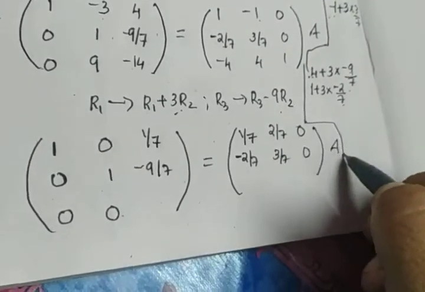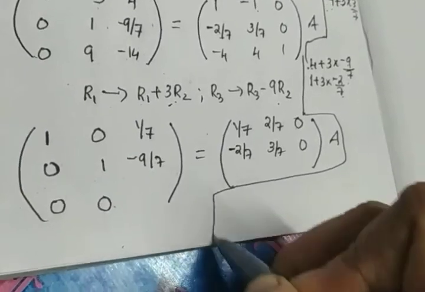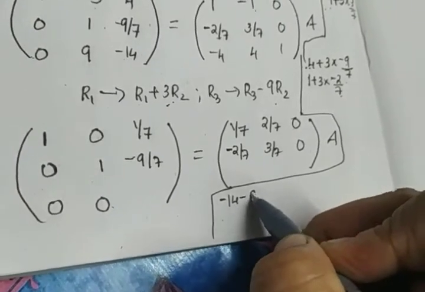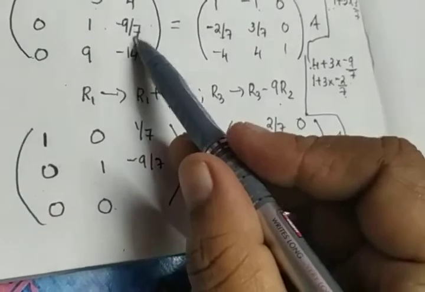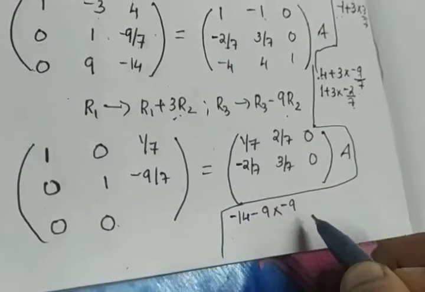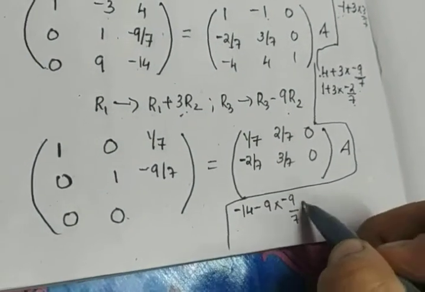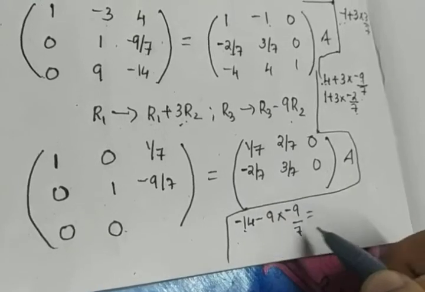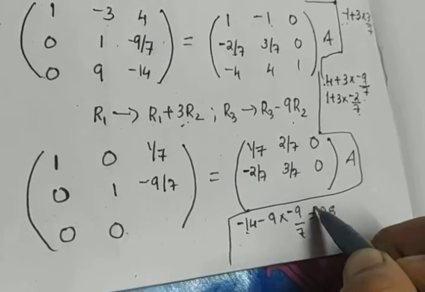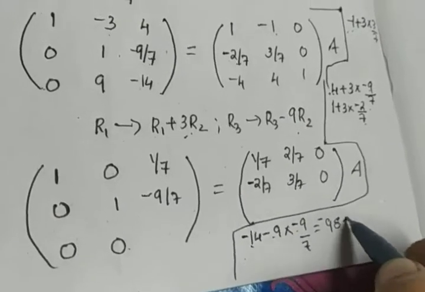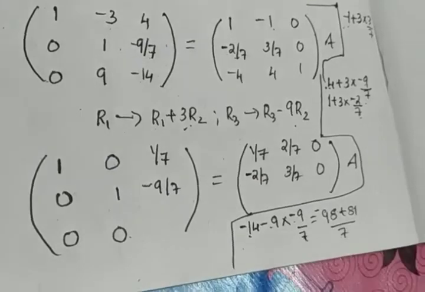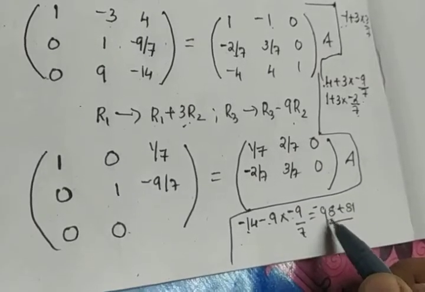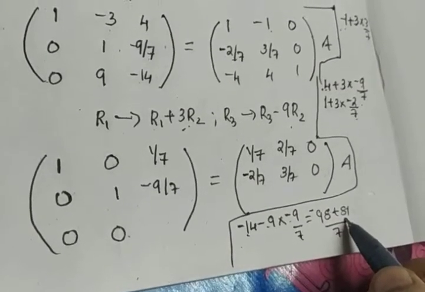What about the last element? Last element is -14 minus 9 into R2, that is -9 by 7. So 14 into 7, 7 2's are 14, 98. Minus 98 plus 81 by 7. Minus 98 plus 81 will give you -17.